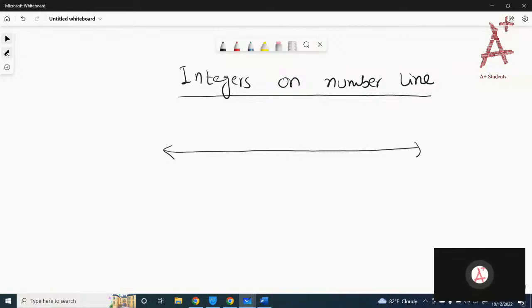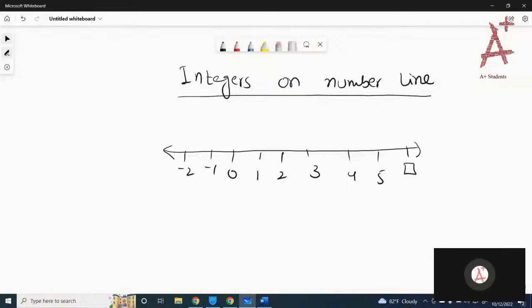So let's start with an example. You are given 0, -1, -2, 1, 2, 3, 4, 5, and the missing number. You have to find the missing number on the number line. So see, the numbers are increasing by 1 each time. Got it?